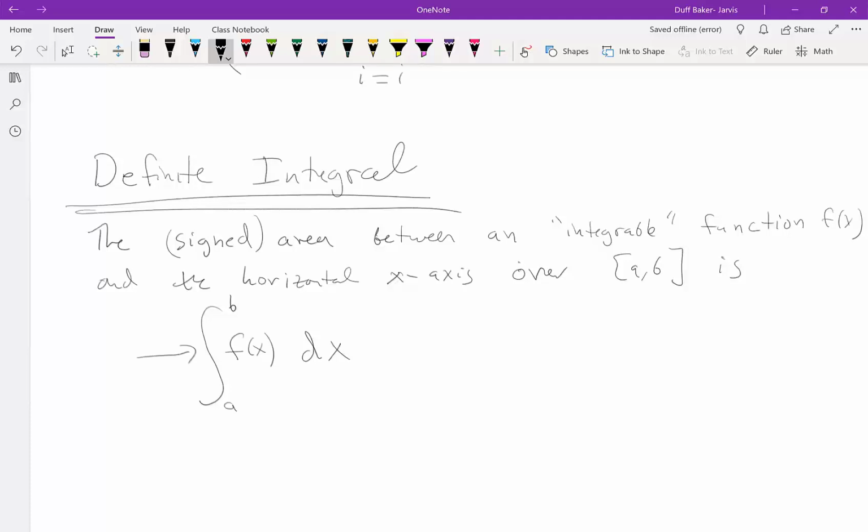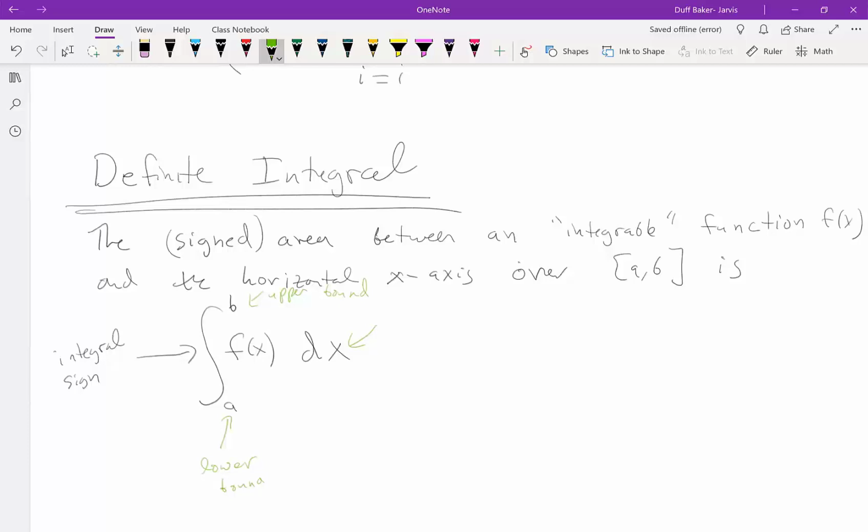So this symbol is called an integral sign. Now the a is called a lower bound. This is the lower bound. This is the upper bound. And this helps you keep track of what variable you're doing.